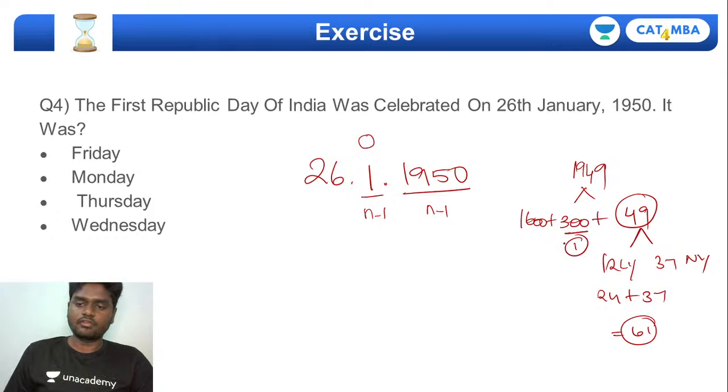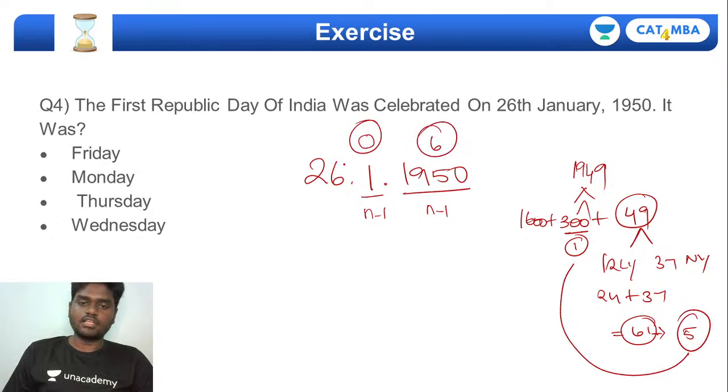And 1 odd day you have for the 300 years, right? So don't forget to add this 5 odd days along with this 1. So 5 plus 1 will give you 6. And 0 odd days for the month. And 26 will be how many odd days then? 21 plus 5, that is 5.